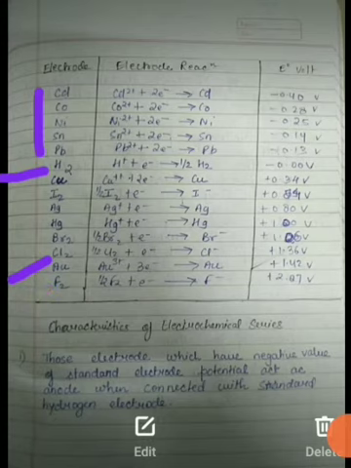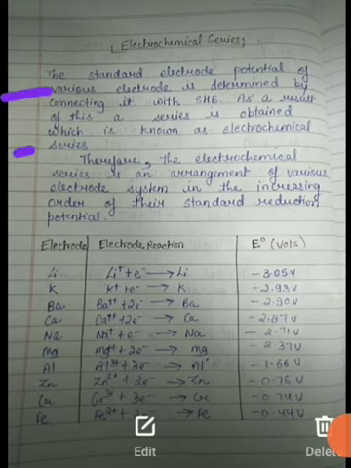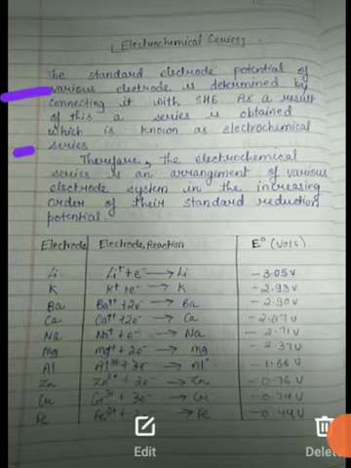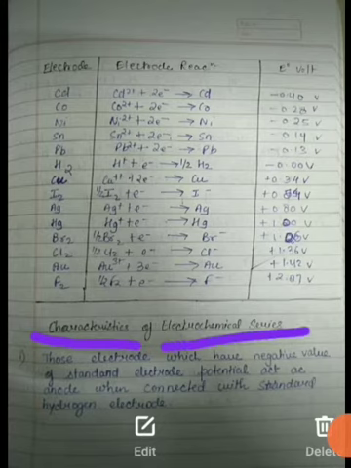You have to first write the definition which is given here, then write the series, and then the third part will be the characteristics. What are the characteristics of the electrochemical series? Characteristic is simply the character of the species.